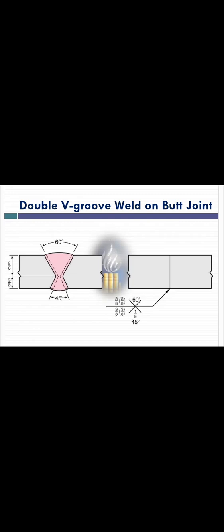Similarly, for the arrow side, its detail, as I discussed, is shown on the bottom of the solid line, showing that the bevel angle is 45 degree, while the depth of the bevel is 3 by 8 inch, and the size of the weld is also 3 by 8 inch.